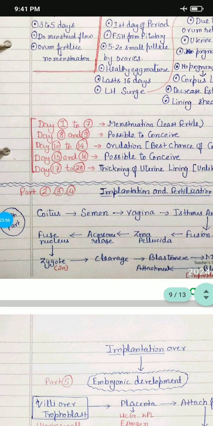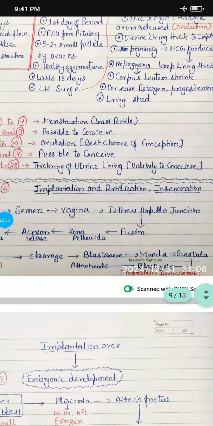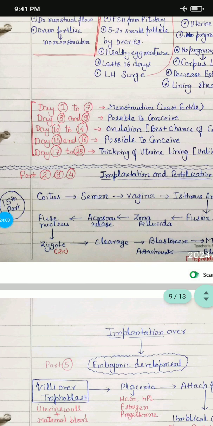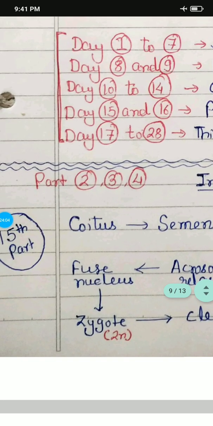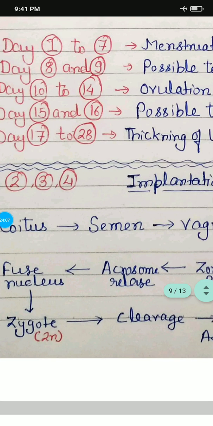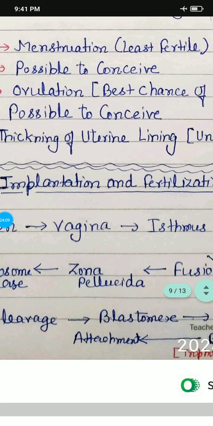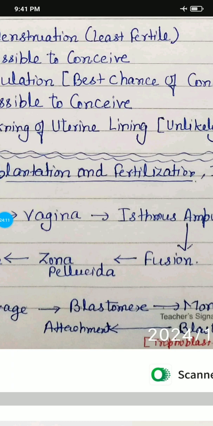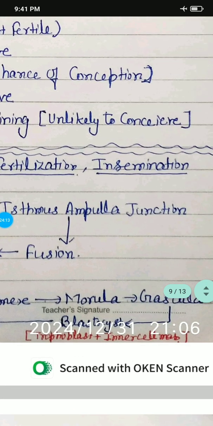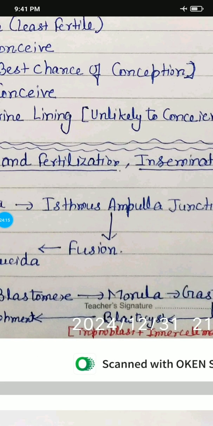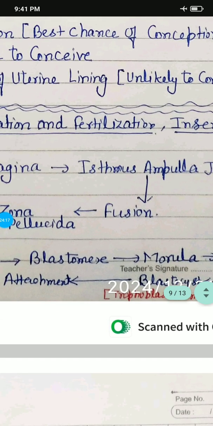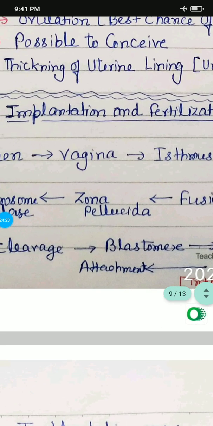Now the next part is implantation, fertilization, and insemination. Very serious mode and very easy pathway. Coitus will happen, mating. Semen will transfer where? To the vagina. It reaches the isthmus ampullary junction, where the ovum is already waiting. When the ovum meets the sperm, they fuse, but the fusion takes place like this.